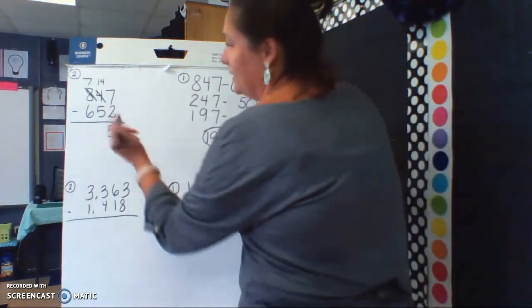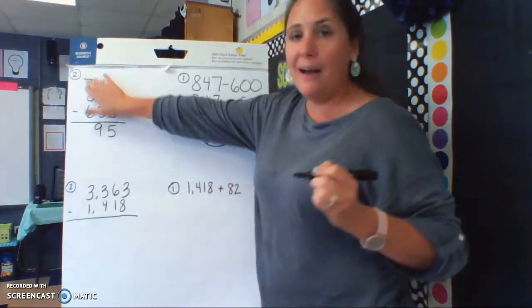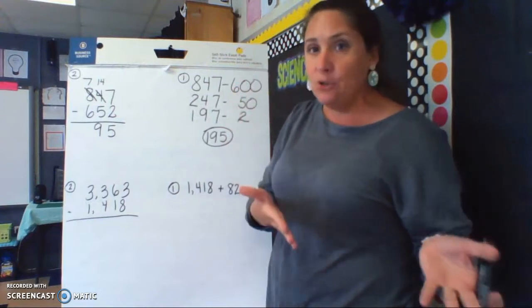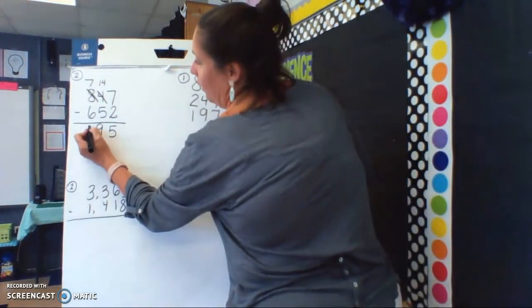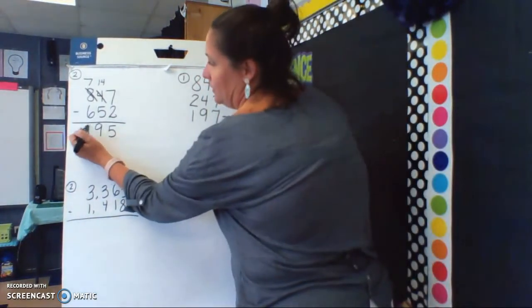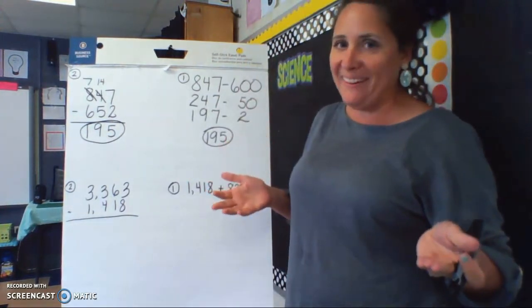And that is 9, or 90. And then I'm going to go to my hundreds place, and I have 7 minus 6, or 700 minus 600. And that gives me 1, or 100. Aren't these the exact same answers? Yes, they are. Very good.